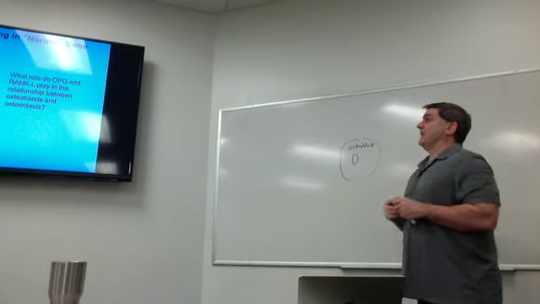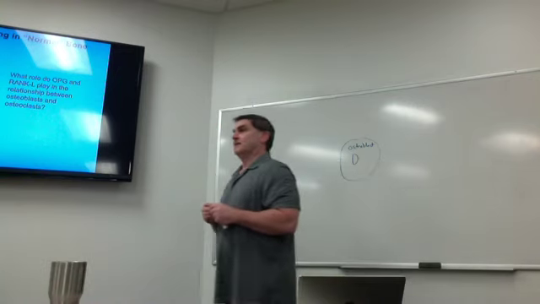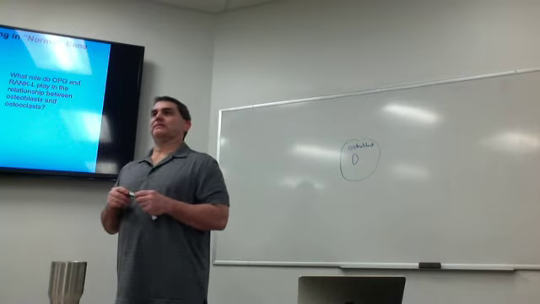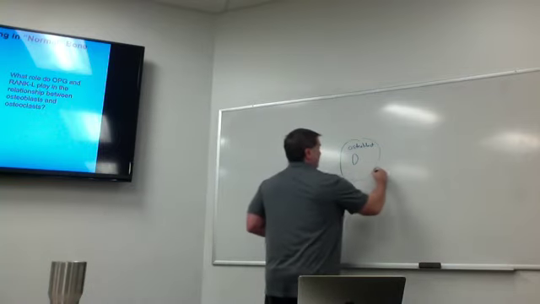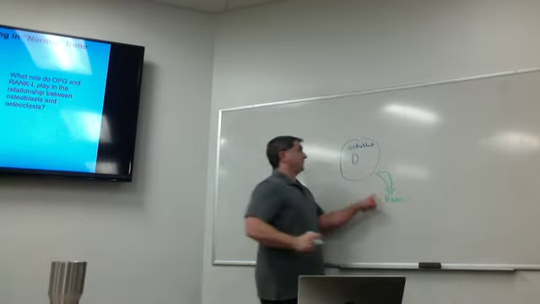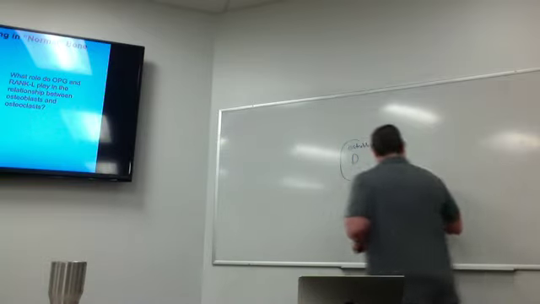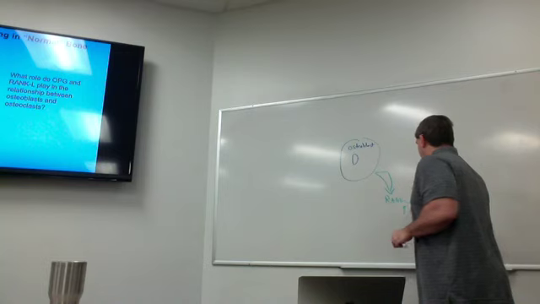Which one of these, RANKL or OPG, tends to promote the activity of osteoclasts? RANKL. So if there's high levels of RANKL, and this is one of the things that goes up whenever we have PTH, this increases osteoclast production.